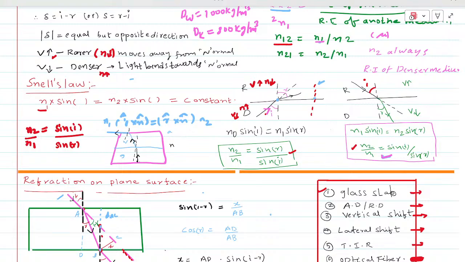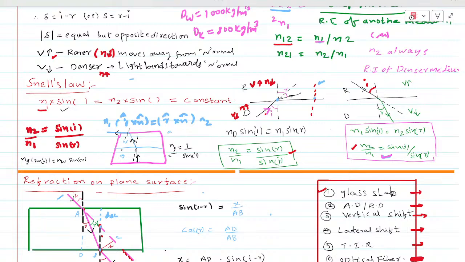So the refractive index of glass is equal to 1 by sin A. If you take sin i by sin r in Snell's law, it may confuse you. So we follow this rule: Ng, the refractive index of glass, into sin of incident angle is equal to n water into sin of refracting angle.